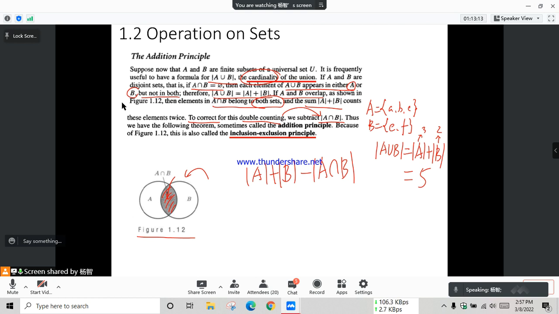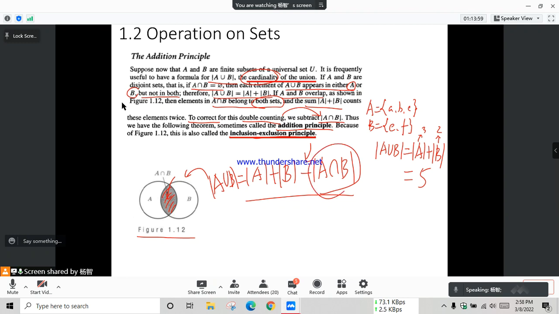Thus we have the following theorem. Sometimes we call this the addition principle; in figure 1.12 we call this the inclusion and exclusion principle. This principle is satisfied in all situations, even if the sets do not overlap.